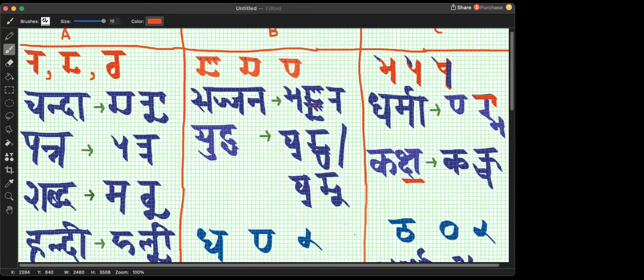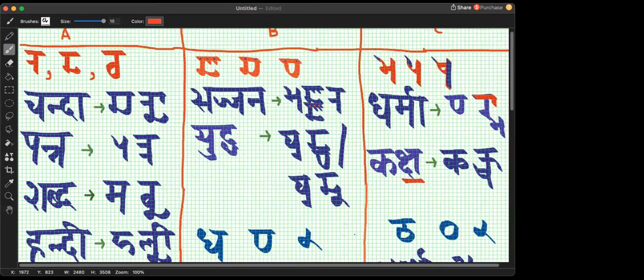We all know this is ksha. It is a combination of ka and sha. So we will have to convert that to Sharda and split it as ka and sha, because there is no special way of writing ksha in Sharda. We need the support of both alphabets. Okay, so there's no specific letter for ksha. Correct.